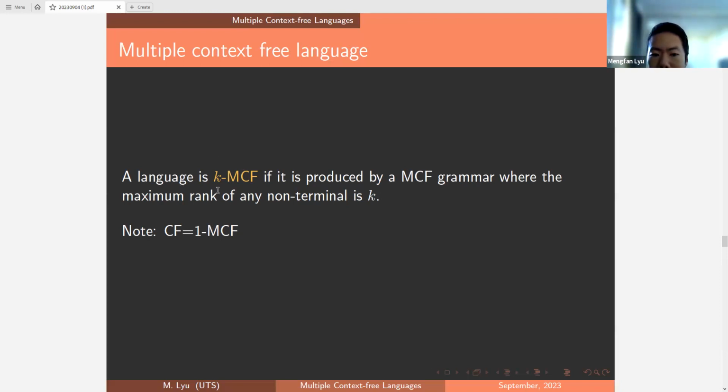The maximum rank is the number before the multiple context-free language. If the ranks of all the non-terminals are k, then we can define it as k multiple context free. If some of them are 1, some of them 2, and some of them are n, then we will define it as n multiple context free.